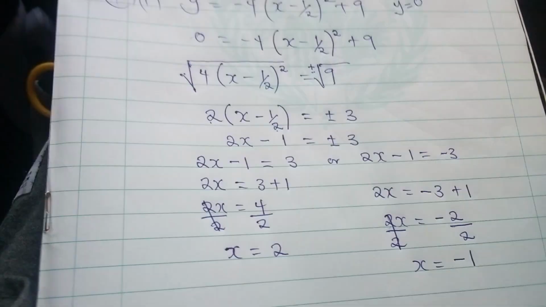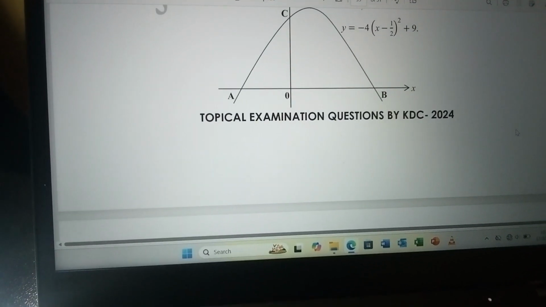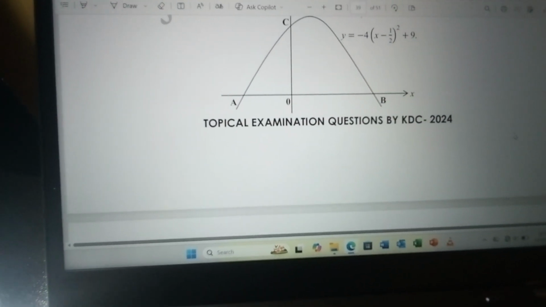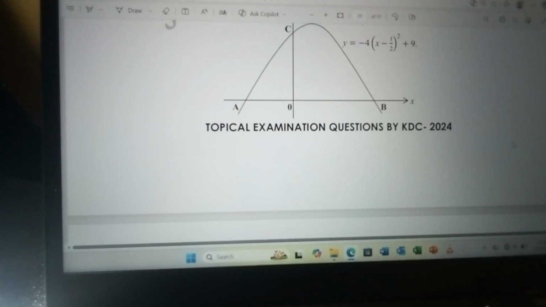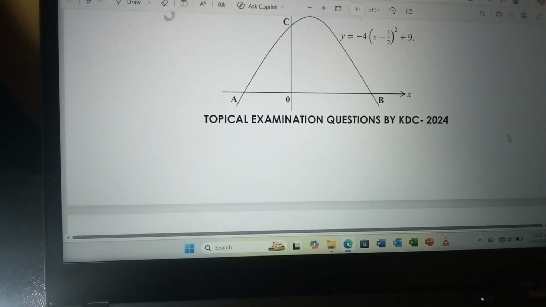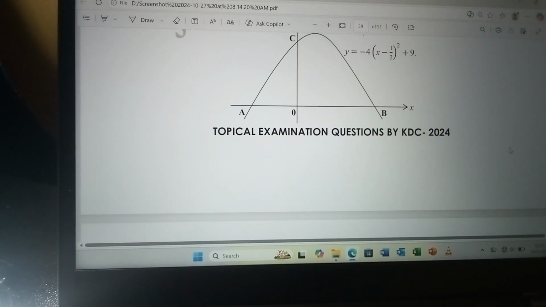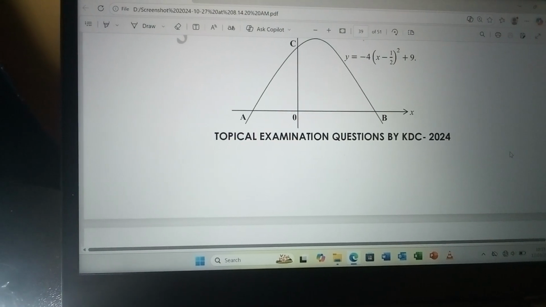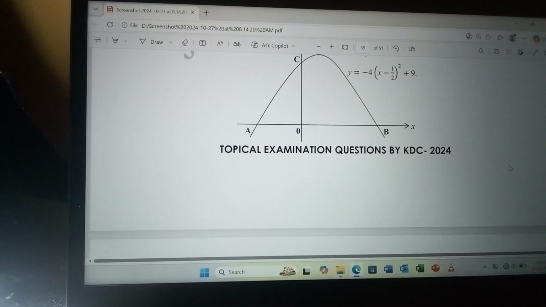Now you have to be very careful. They are telling us to find the coordinates of a and b. So when you look at the graph or the parabola, you're going to see that a is on the negative side and b is on the positive side. So that simply means that the coordinate for a should be negative 1, 0, and b is 2, 0.